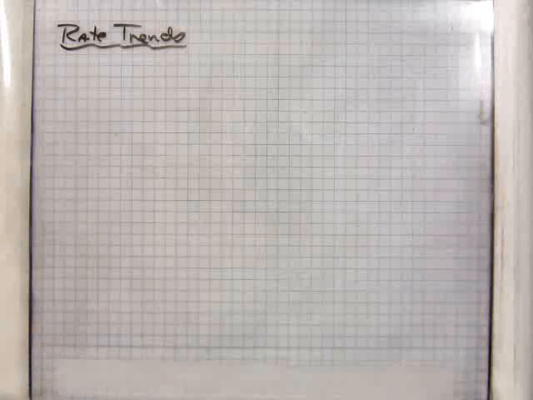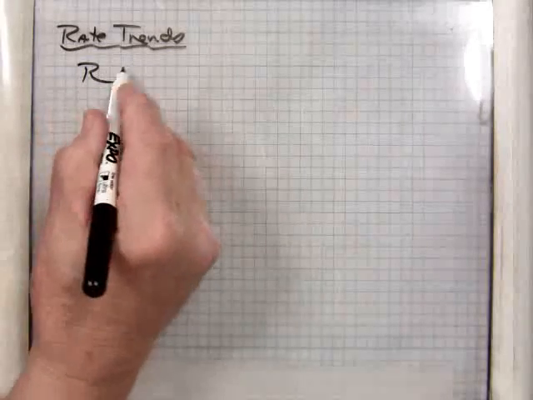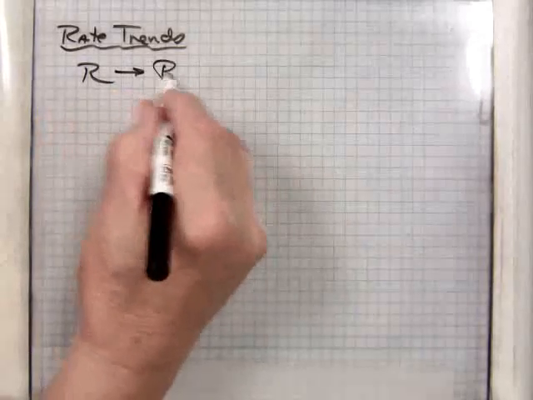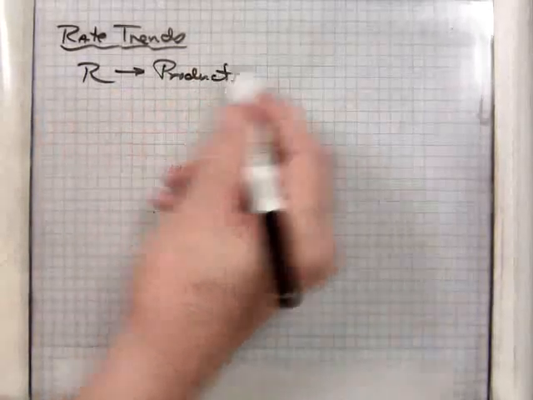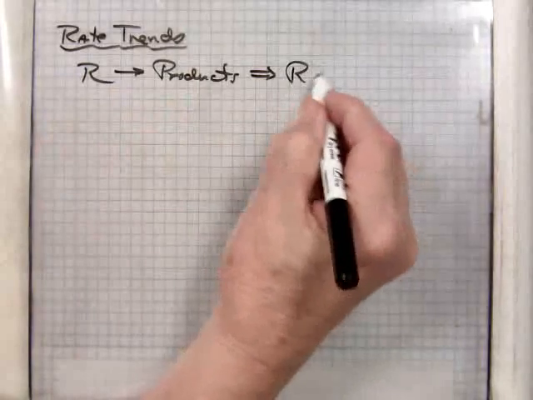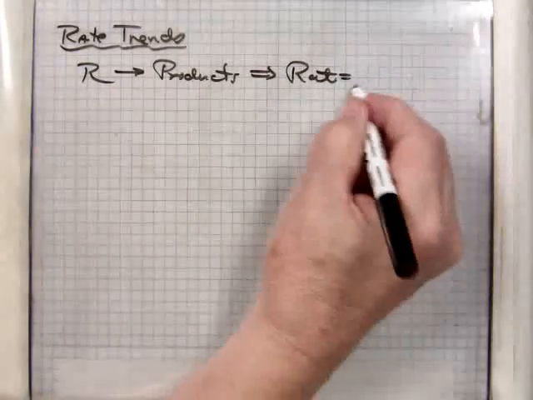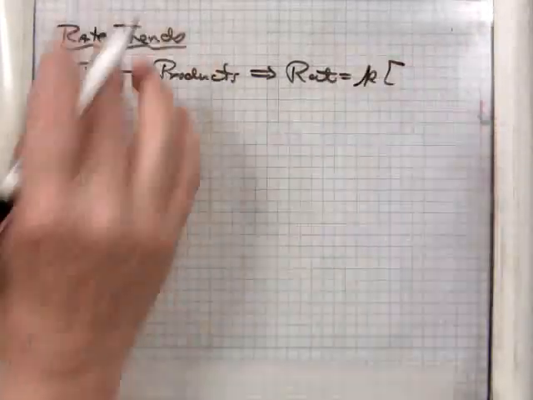We're going to assume an order of reaction. And we're going to have reactants going to products. Well, then this is going to give us an expression, rate is equal to K. I'm going to make this some compound.